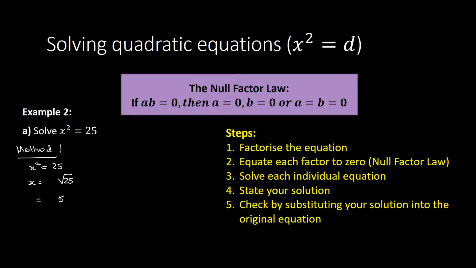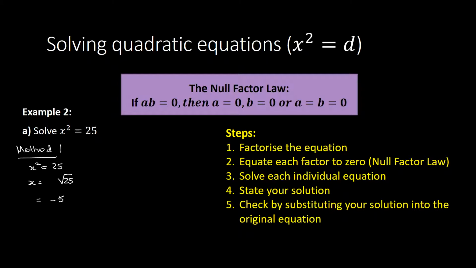But you might recall me saying earlier in the year, there is another solution that works. And it's because when we square something, it's always positive, right? Think about the number -5. If we square -5 times -5, we also get positive 25, right? So -5 is also a solution.